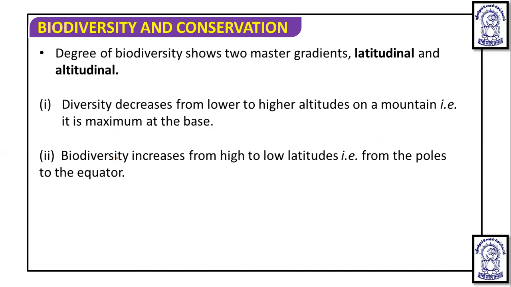But if we talk about latitude-wise, then biodiversity increases from high to low latitude. If this is a mountain, this is the altitudinal one. But if this is the earth, this is the equator.